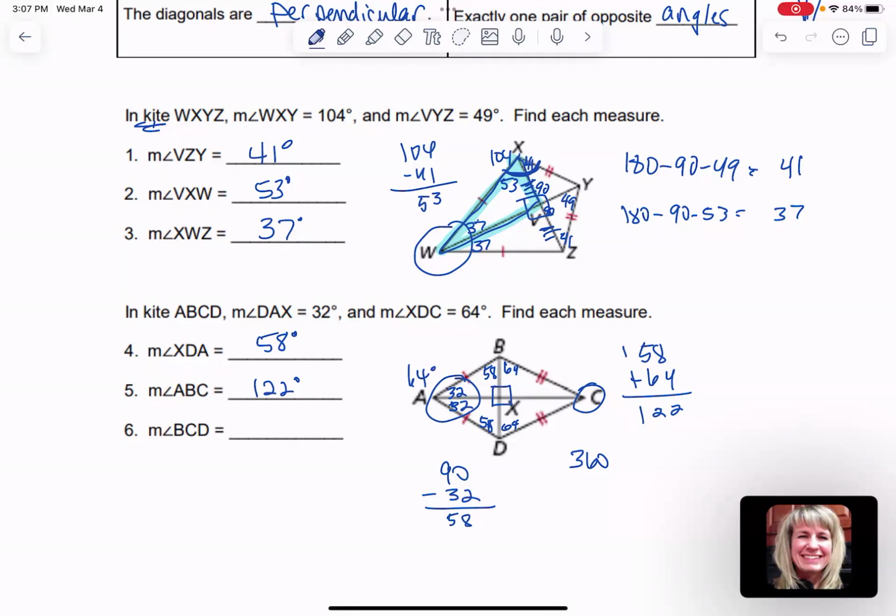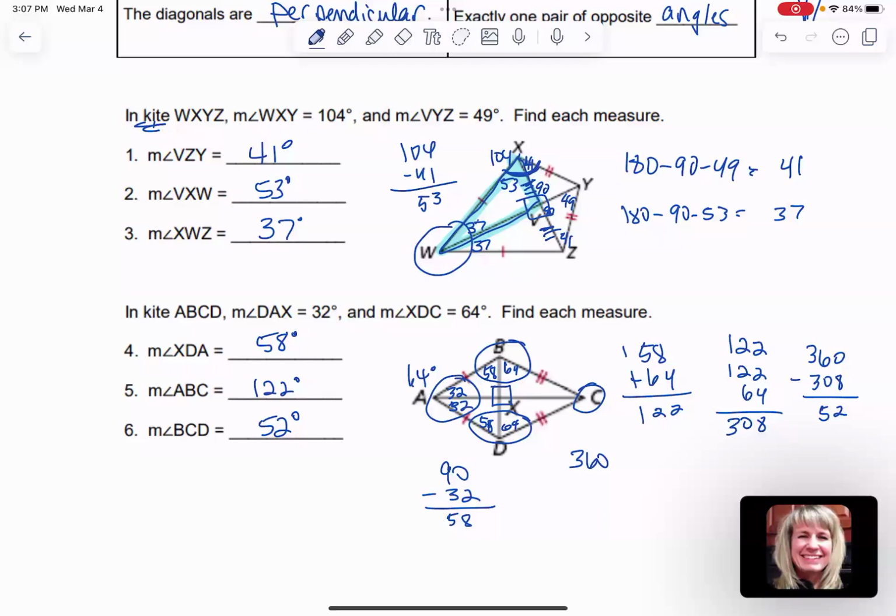And we just said that this angle here was 122. This angle here is 122. And so when I do 122 plus 122 plus 64, I get 308. And the angles in any quadrilateral add up to be 360. So I can subtract that from 360, and I get that angle will be 52 degrees.